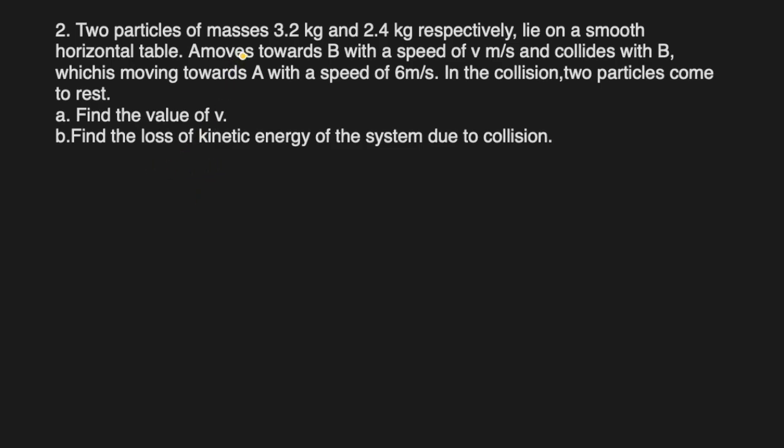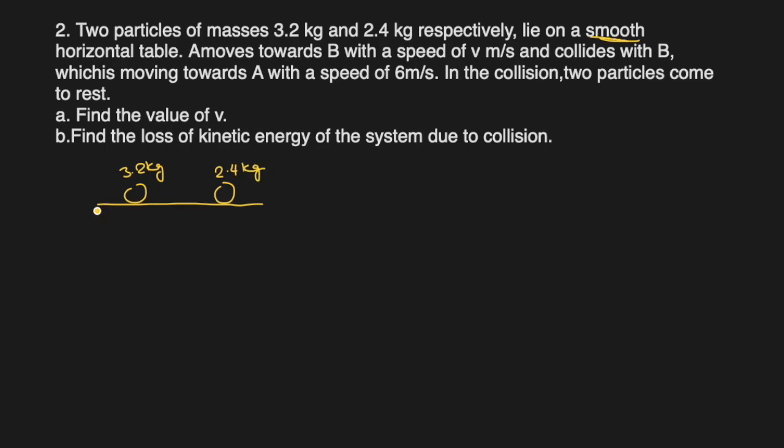Question number 2. Two particles A and B of masses 3.2 kg and 2.4 kg respectively lie on a smooth, that means no resistance, horizontal table. So let's say this is the table. This is the first particle and this is the second particle. The mass of this one is 3.2 kg. This one is 2.4 kg.